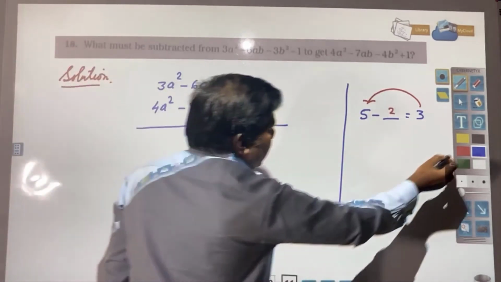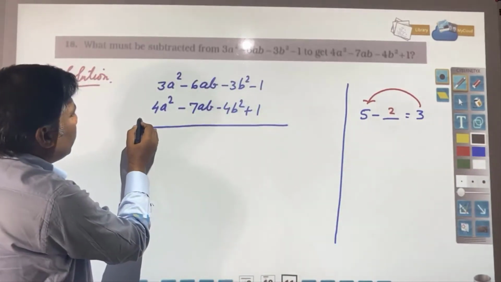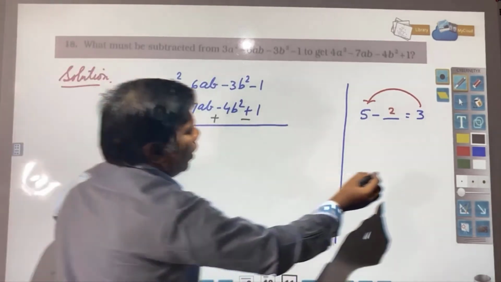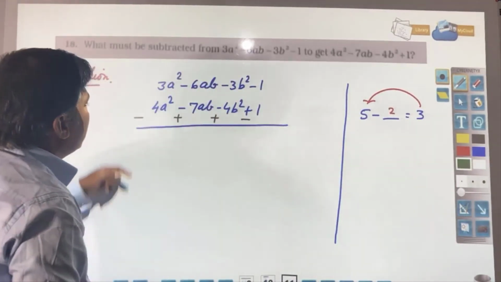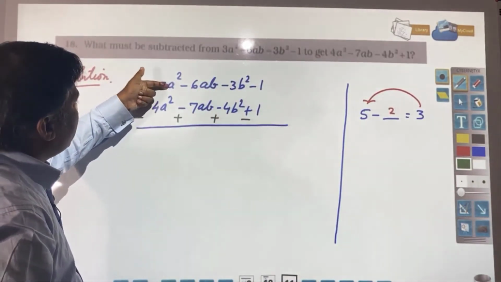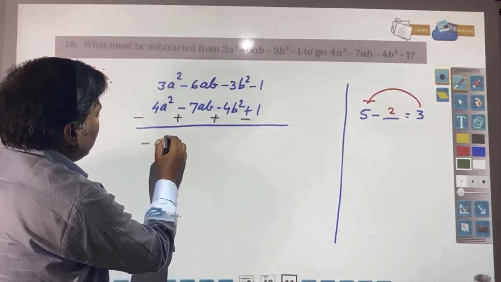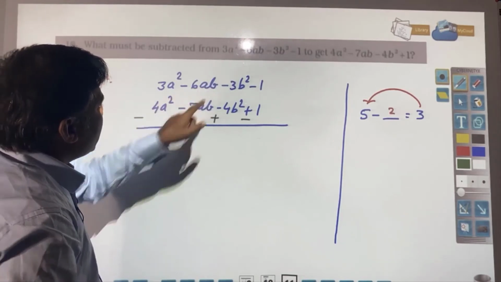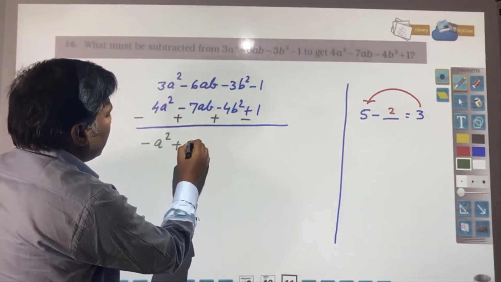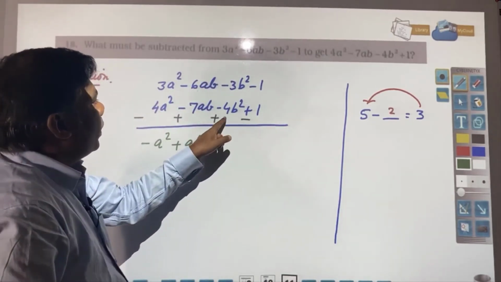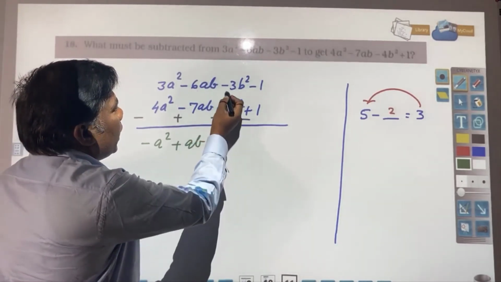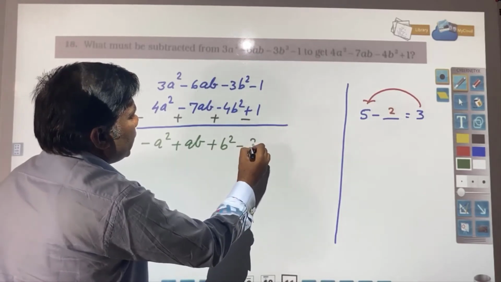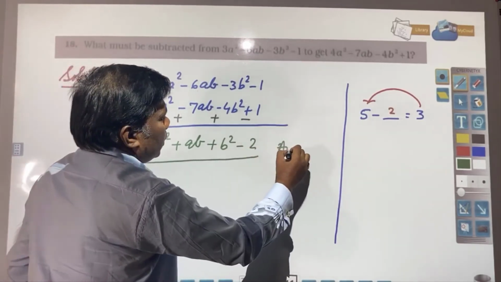You need to subtract this. Sign will be required to be changed. And now here you see minus 4a square and 3a square will be minus a square. This will be plus 7ab and minus 6ab means plus ab. This will be plus b square and minus 3b square plus b square and minus 2. And this will be your answer.